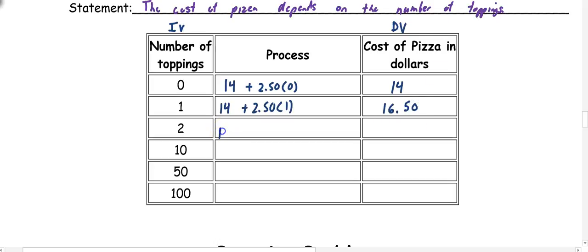If we got 2 toppings, we'd have 14 plus 2.50 times 2, which would get us $19. If we got 10 toppings, 2.50 times 10 plus $14, our pizza would be $39.